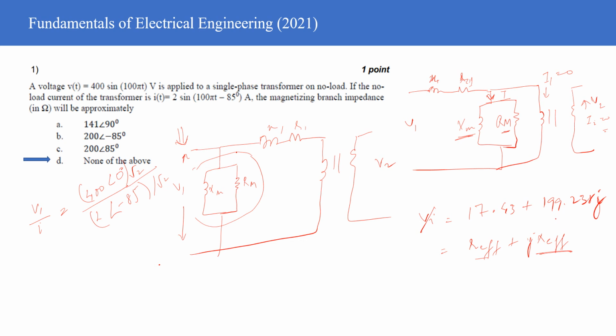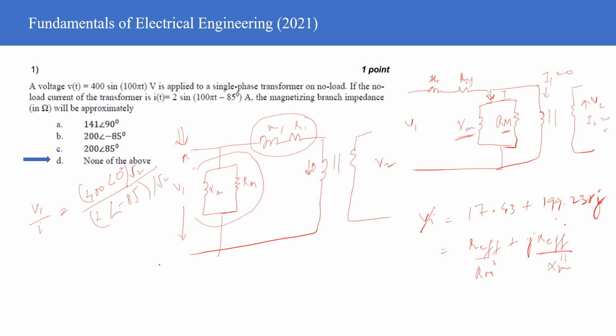Because this will not be conducting, as we had discussed previously, since the current is zero in this particular path. So no current is going to flow in here. The only path where the current is flowing is this path, and the XM and RM will be equal to R effective and X effective, right? So from here you can understand that the value of this is nothing but equivalent.